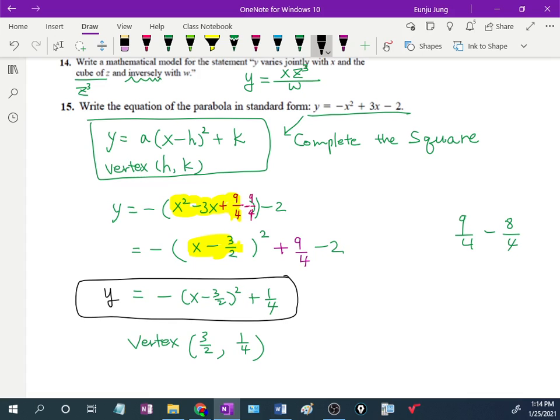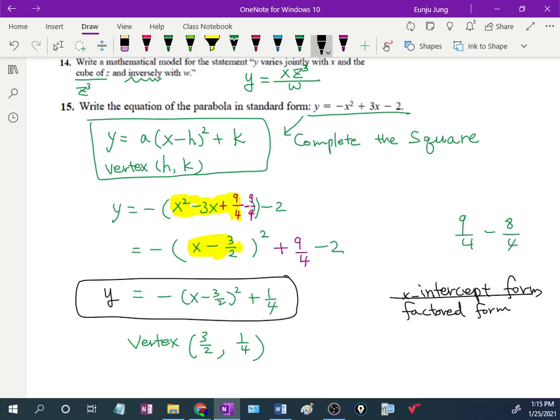So we talk about 3 different forms in quadratics. This is standard form, right? And this is vertex form. And another one is intercept form. We're talking about x-intercepts, right? That can be written as factored form.